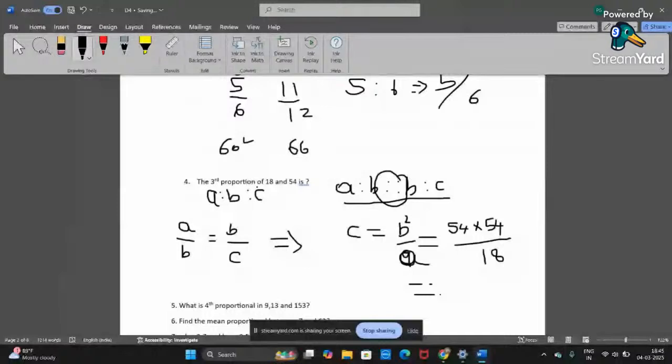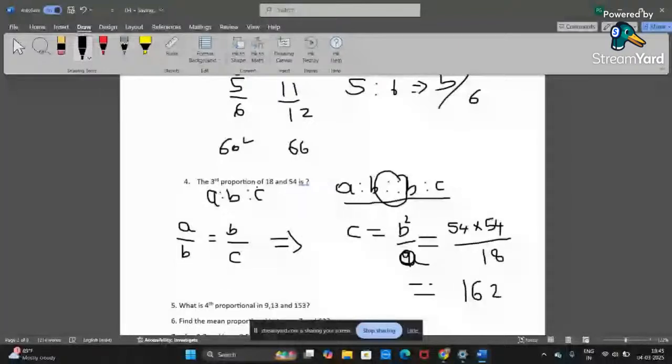What is 54 into 54? The final answer we're getting is how much? 162, right? This 162 is your third proportion.